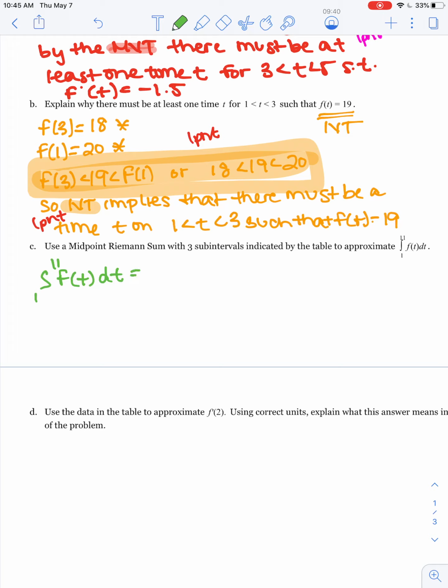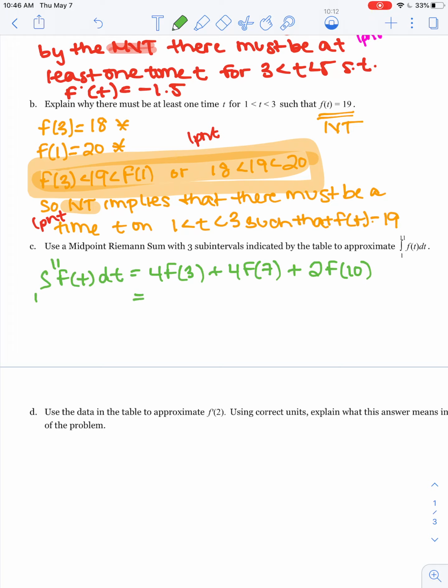So in actually writing this out, you would say that the integral from 1 to 11 of f of t dt is equal to the width of our first rectangle, which is 4, times the height of that rectangle, which is f of 3, plus the width of our second rectangle, which again was 4, times the height of that rectangle, which was f of 7, and then add that finally to the width of our third rectangle, which is 2, and the height of that, which is f of 10.